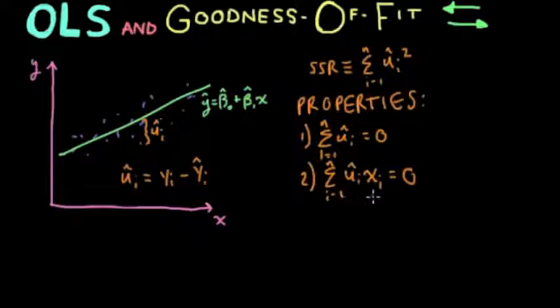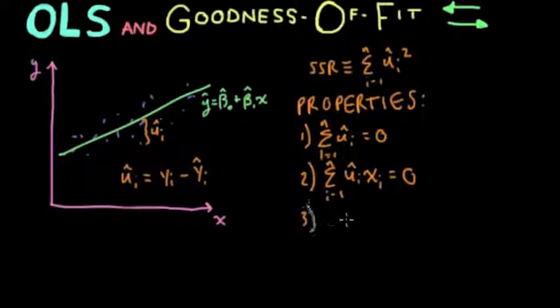So this is very important because this property tells us, if it's true, that there's nothing in our residual that explains x i, because if we didn't have this property, then we wouldn't be able to properly use this regression as the relationship strictly between x and y.